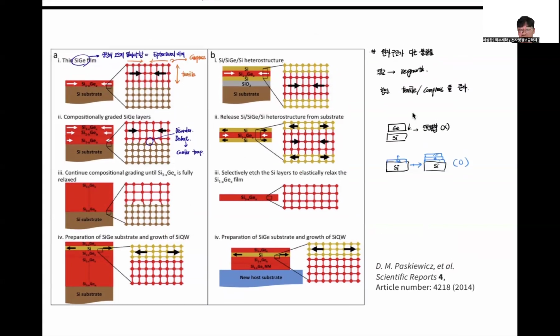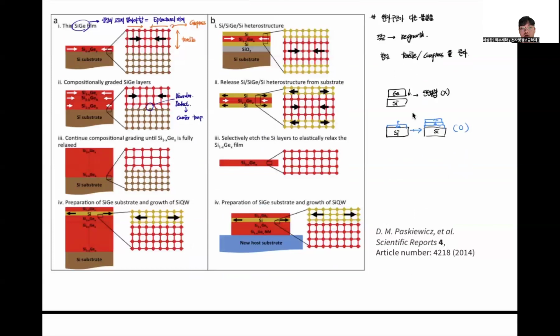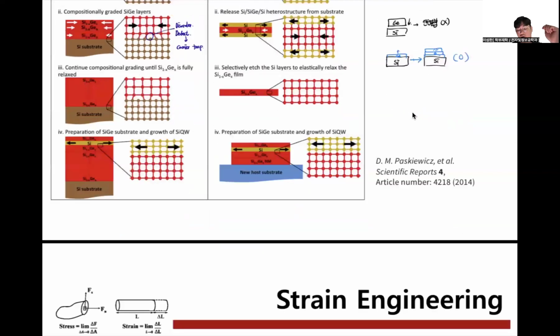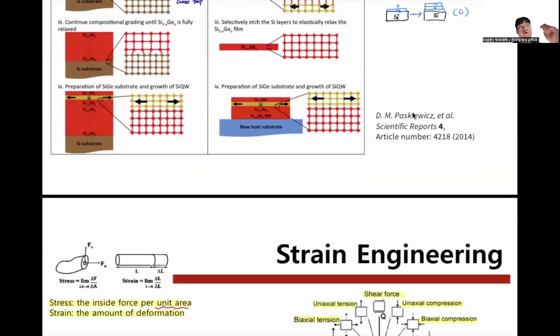Last time we talked about how strain engineering works: we use different atom structures combined with Si, so we control the tensile or compressive strain and stress. That lets us control the semiconductor's electronic characteristics.